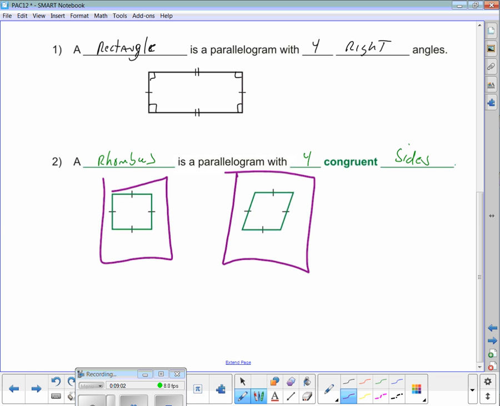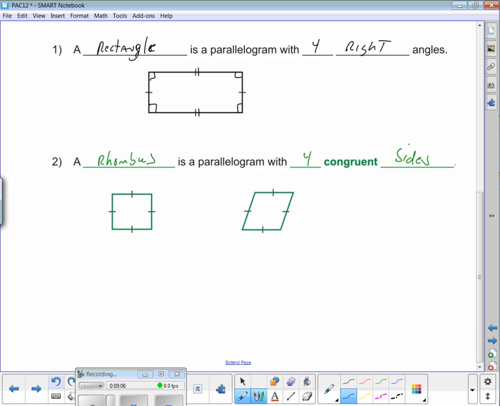Now, I don't know if that even helps you, Kaylin, but you can see, even though a square is a rhombus, not every rhombus is a square. And that's why they're different. Okay? In our square, all 4 angles are congruent, aren't they? Are all 4 angles of the other rhombus congruent? No, let's use our markings.